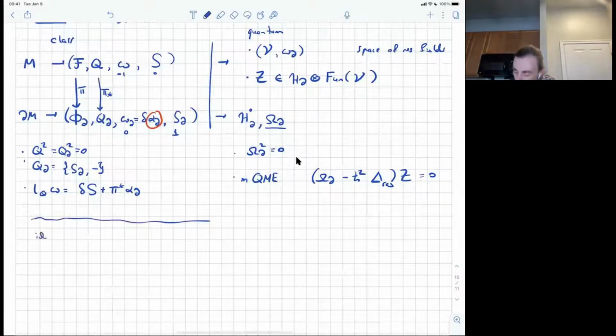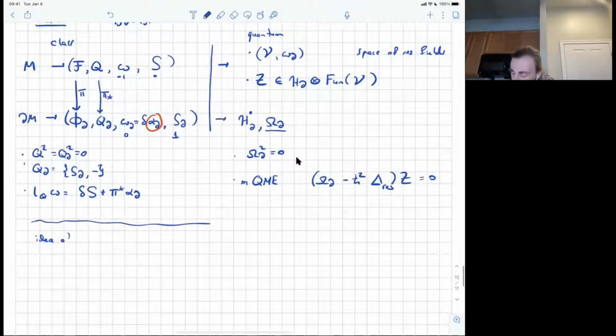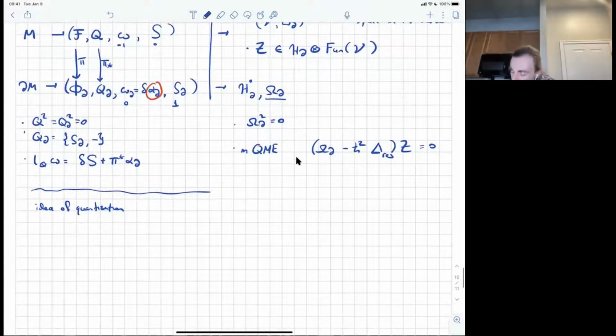And you produce it, at least in the zeroth approximation, by the following idea of quantization. So how to pass from the classical package to the quantum package. Well, you first need to fix a polarization of the boundary phase space, let's say a fibrating Lagrangian polarization.